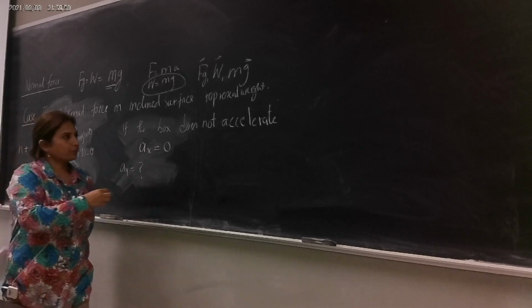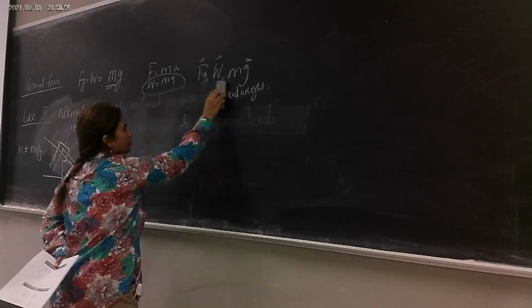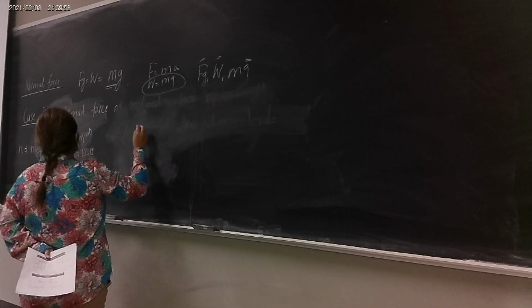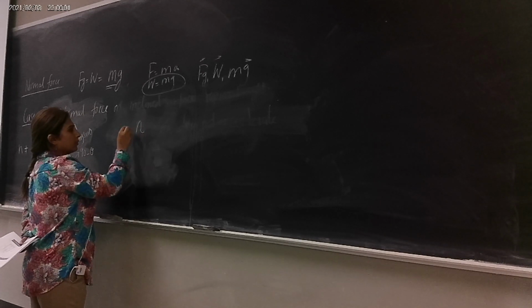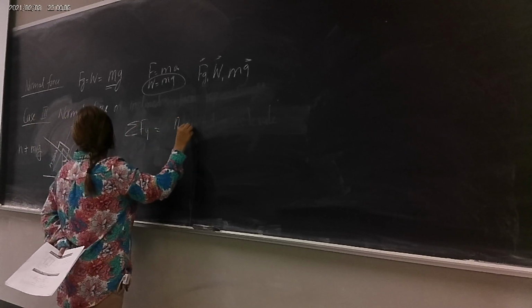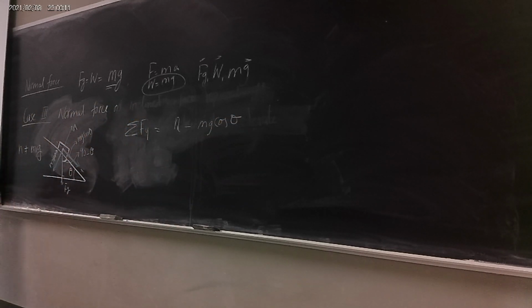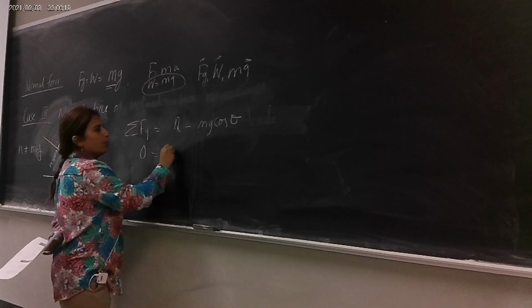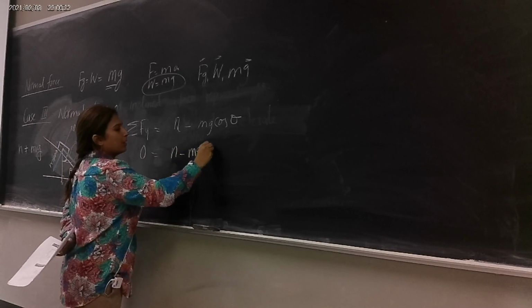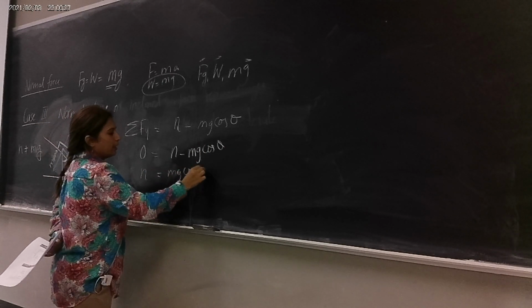N is up, so positive. mg cosine of theta is down, so it's negative. There is no acceleration. This is 0. N minus mg cosine of theta equals 0, or N is equal to mg cosine of theta.